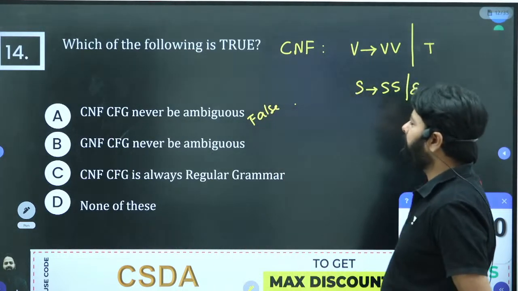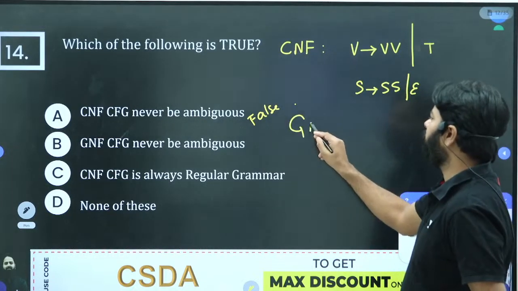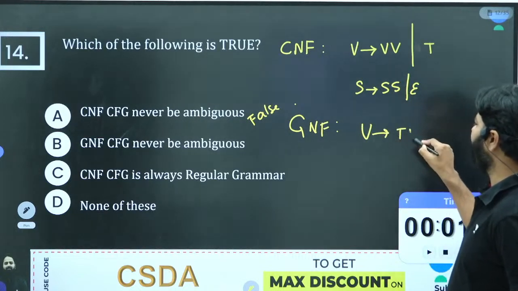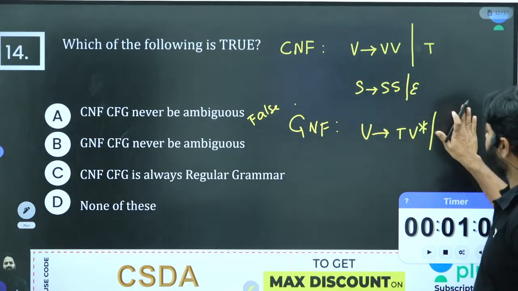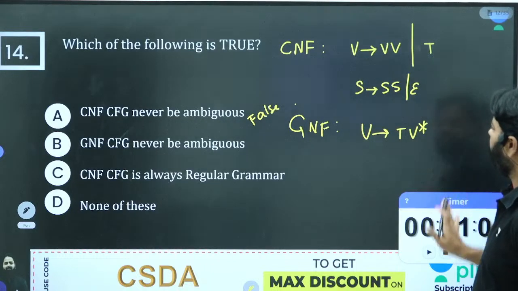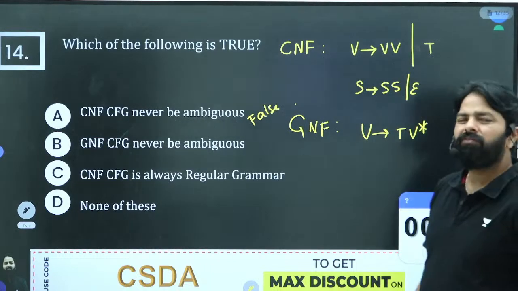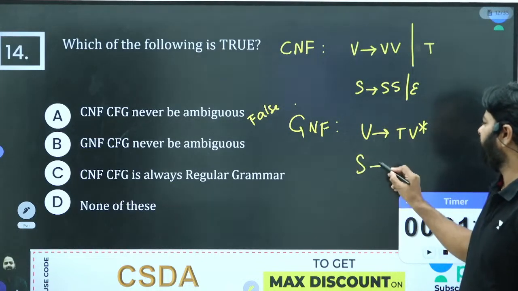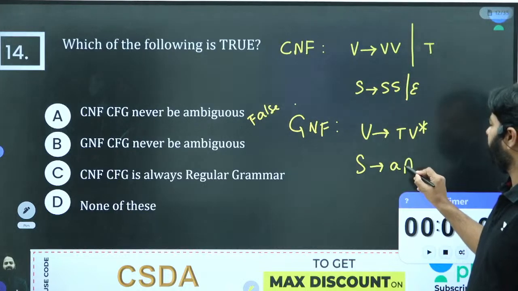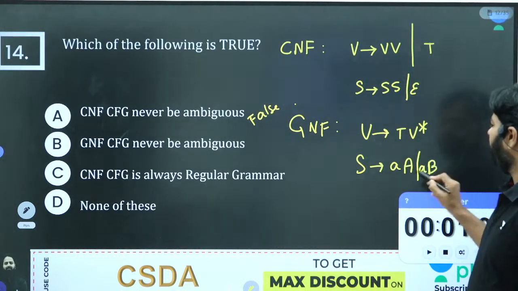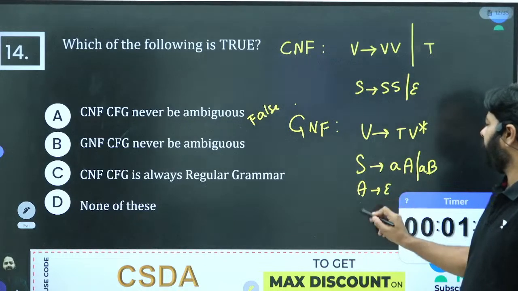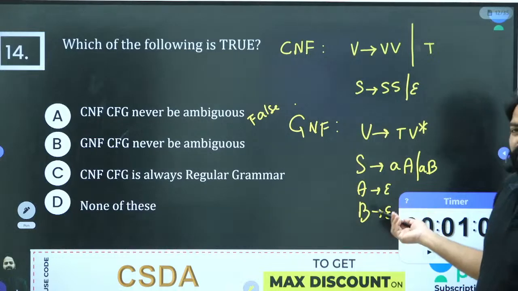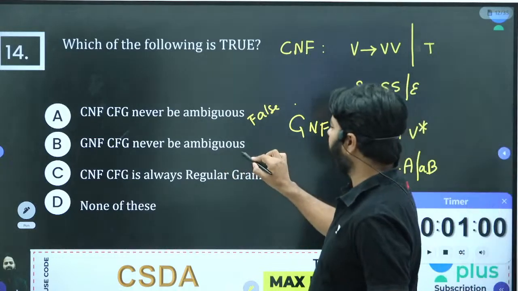GNF CFG never be ambiguous. So what is the GNF definition? V derives T V star, that's it. Now with this, is there any possibility of ambiguity? If I take S derives A B, and capital A can give, let's say, epsilon, capital B can give epsilon, this makes it possibly ambiguous, but the statement says never be ambiguous.